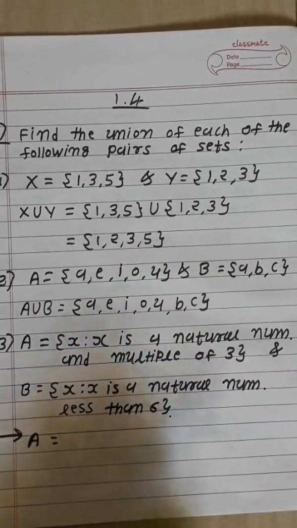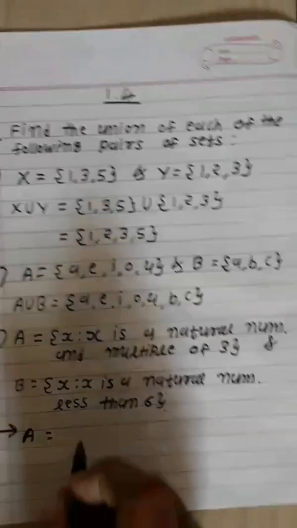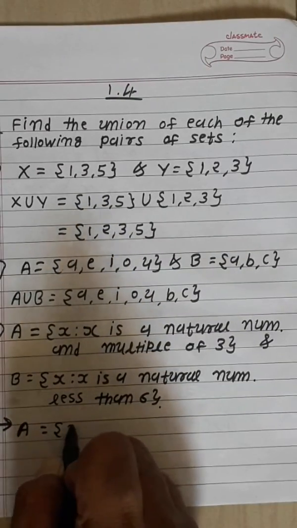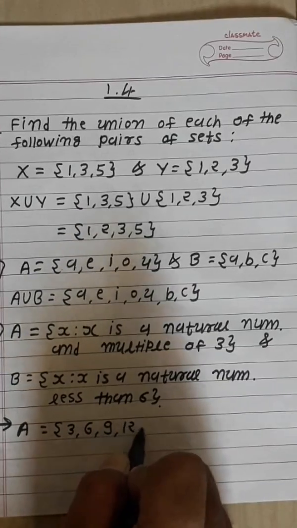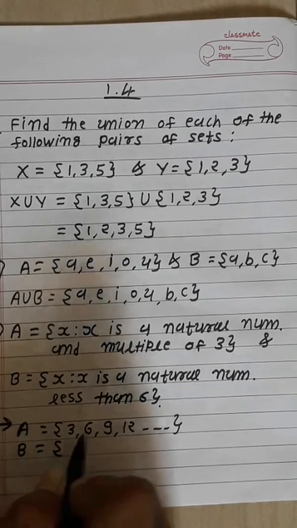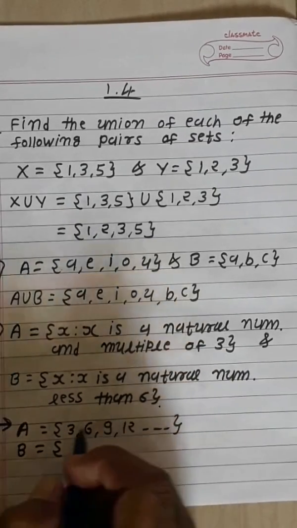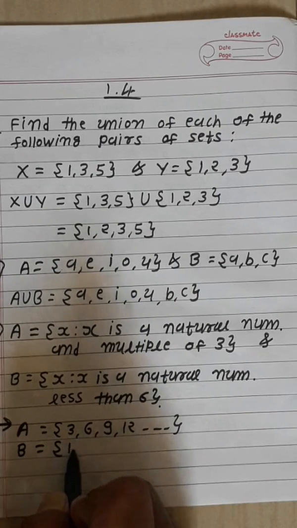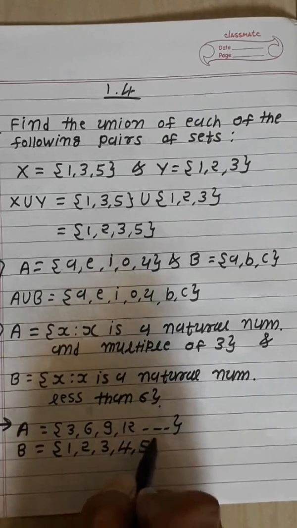So we can only consider the set 3, 6, 9, 12, up to infinity. And in case of B, x is a natural number less than 6. So natural numbers less than 6 means 1, 2, 3, 4, 5.